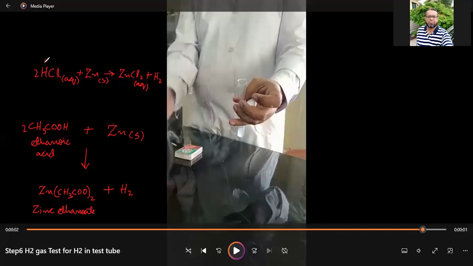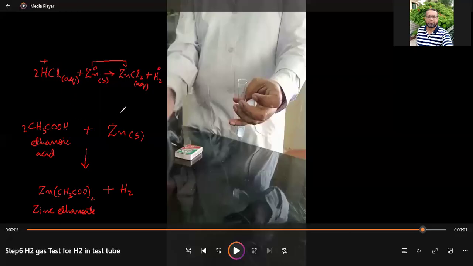Here hydrogen is +1 and here hydrogen is 0. In its natural state, every element is in the 0 oxidation state. So from positive to 0, it means reduction. But on the other hand, zinc is being oxidized because here zinc is Zn2+ and here zinc is 0. So this is a redox reaction as well.